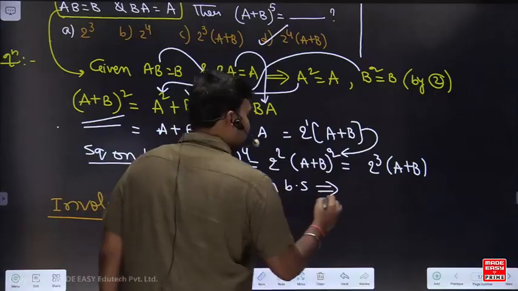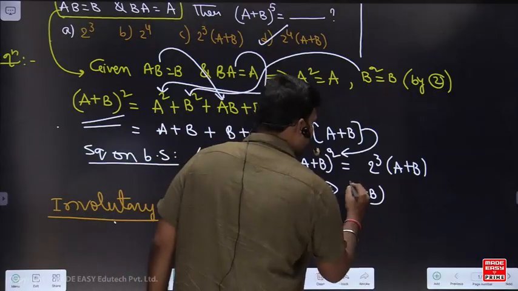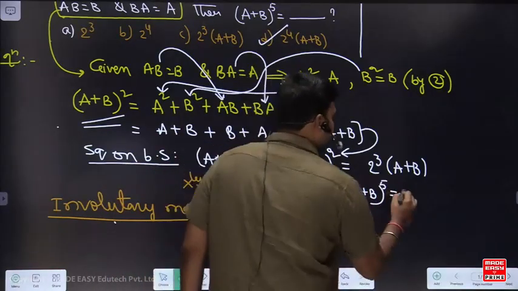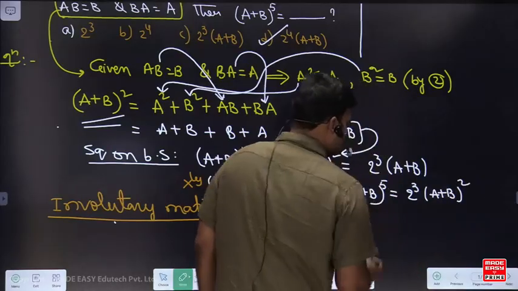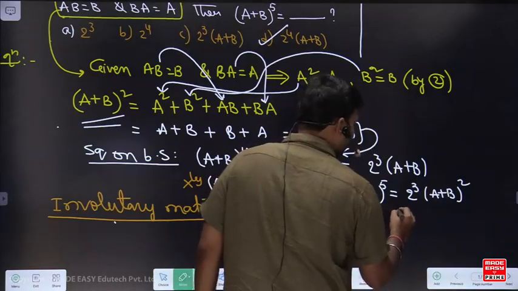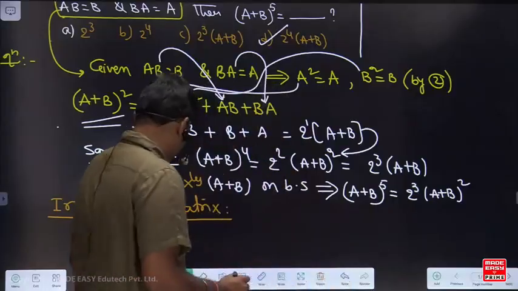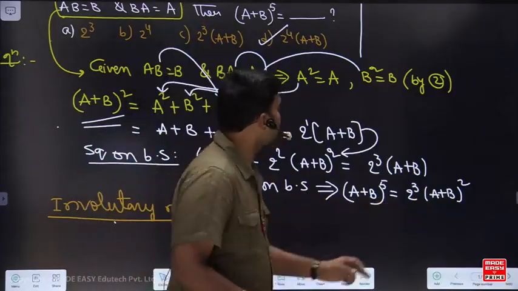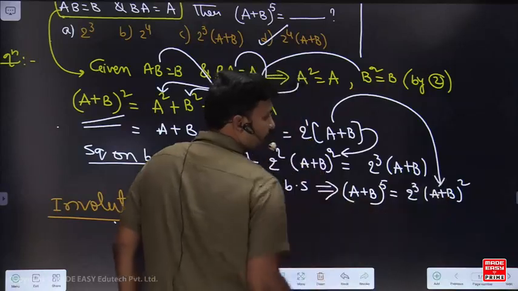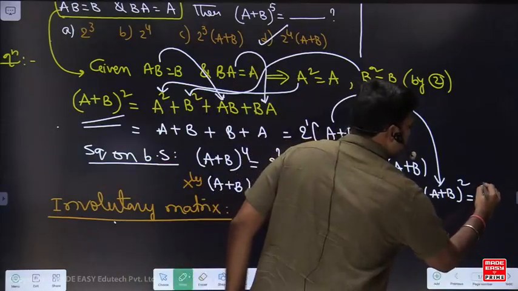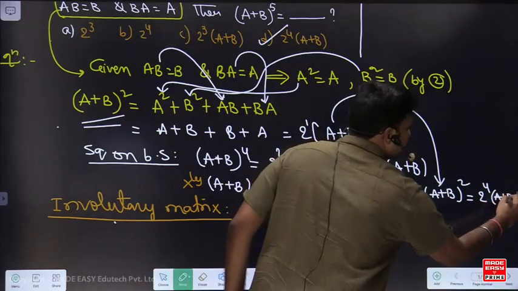Then you will be getting (a plus b) whole power 5 is equal to 2 cube of (a plus b) whole square here. Now (a plus b) whole square is nothing but 2 times of (a plus b). If you do it again, it will become 2 to the power of 4 of (a plus b) here.